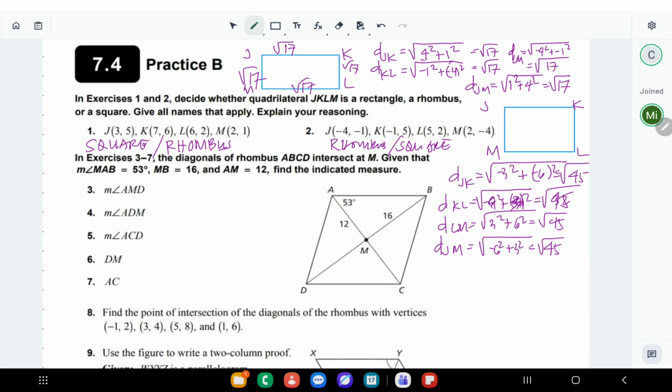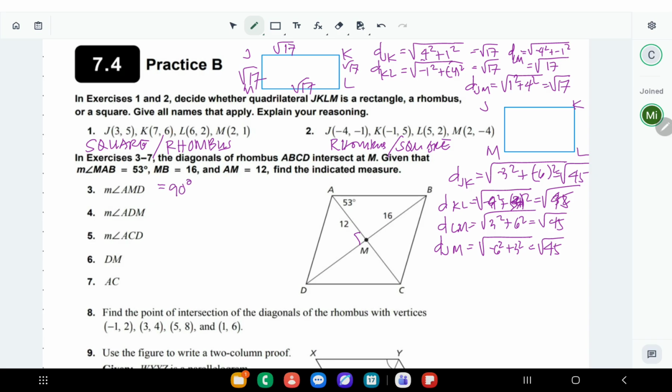Questions 3 to 7. Diagonals of a rhombus ABCD intersect at M, given that the measure of angle MAB is 53. Find the indicated measure. Diagonals of a rhombus are perpendicular, and they bisect angles and bisect each other. So AMD, this one, is 90 degrees, since they are perpendicular.